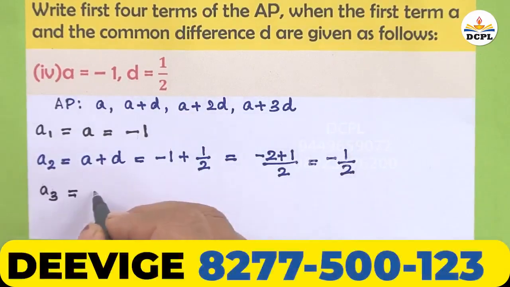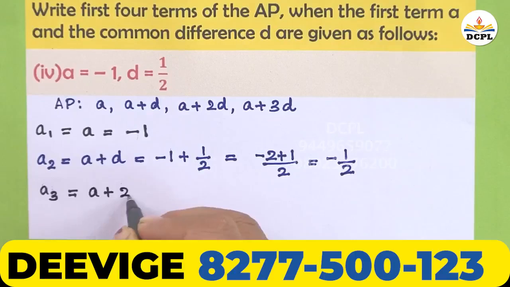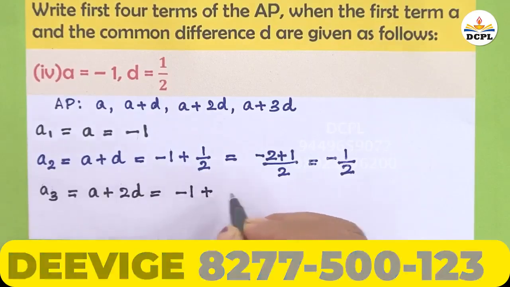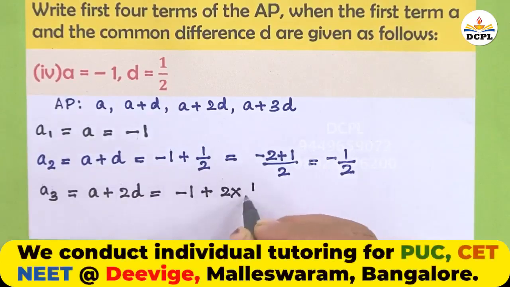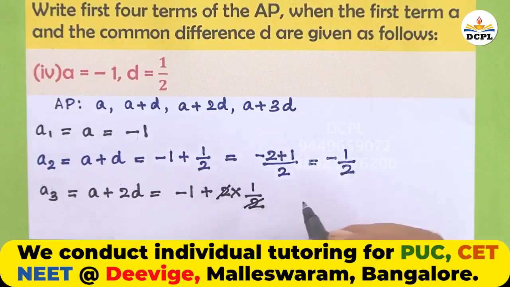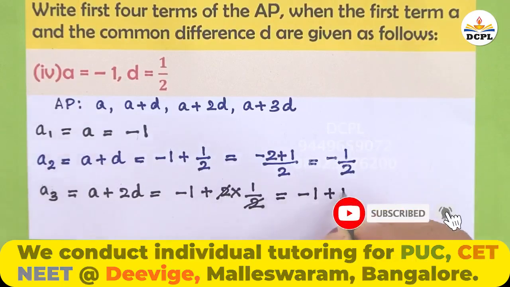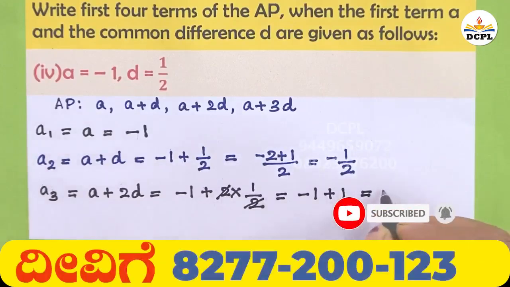A3 is given by A plus 2D. So this is minus 1 plus 2 into half. Here the numerator and denominator 2 get cancelled. You will be left with minus 1 plus 1, which is equal to 0.